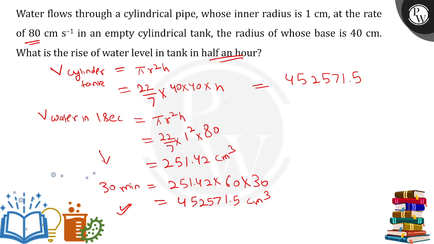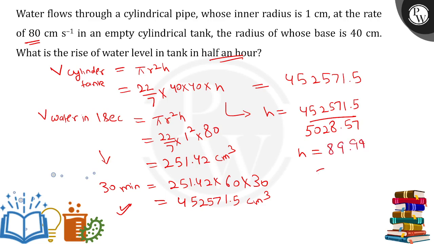So from here the h will be 452,571.5 upon, doing the calculation on this side and transferring on the other side, we'll be having 5028.57. Simplifying this, h will be coming out to be something like 89.99, which can be further understood as simply 90 centimeter, which is our answer for this case.